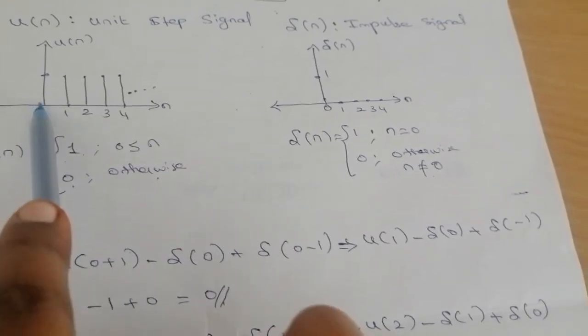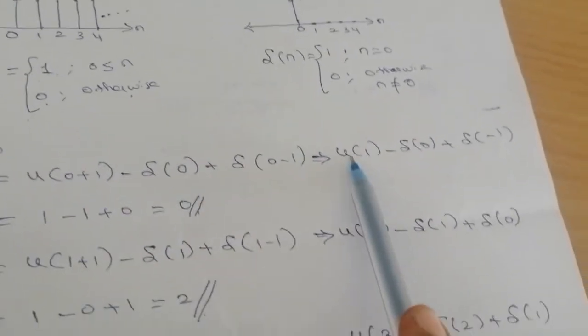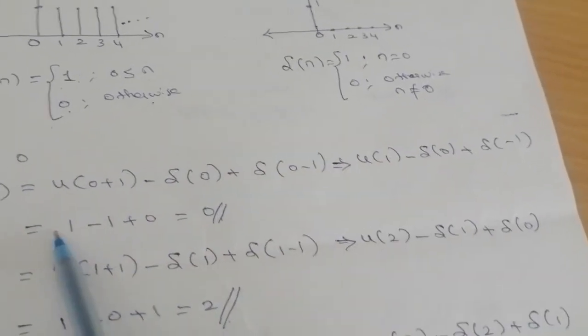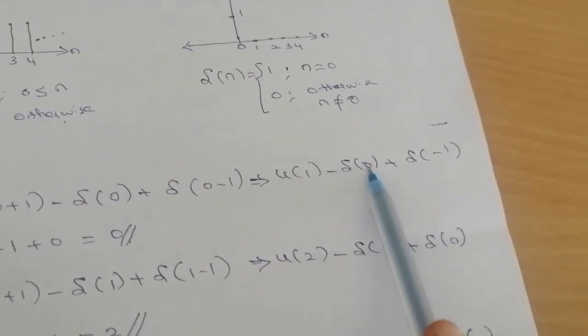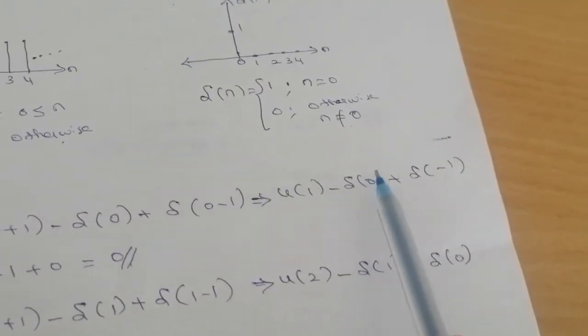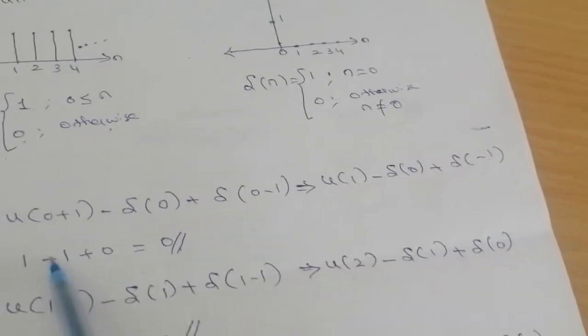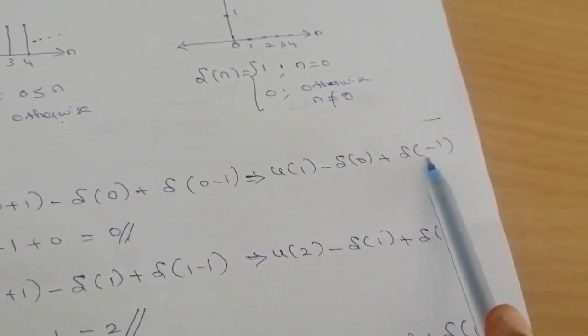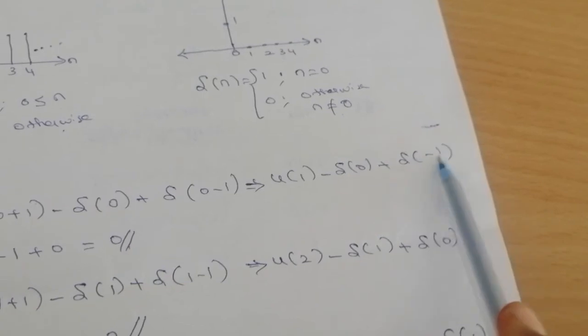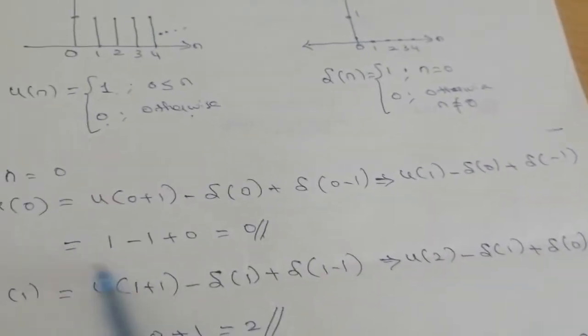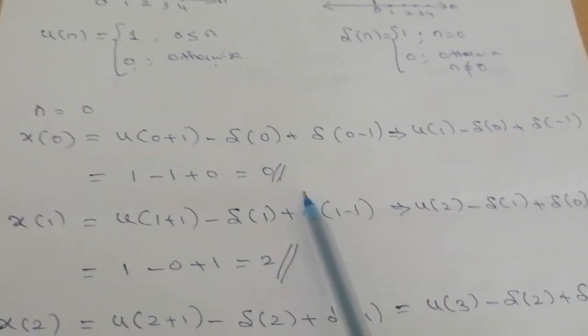So we substitute u of 1 equal to 1 and del of 0. Del of 0 is the impulse function, so it is present only when n equals 0, that is 1. The remaining del of n values, negative or positive, become 0. So after simplification we get x of 0 equal to 0.